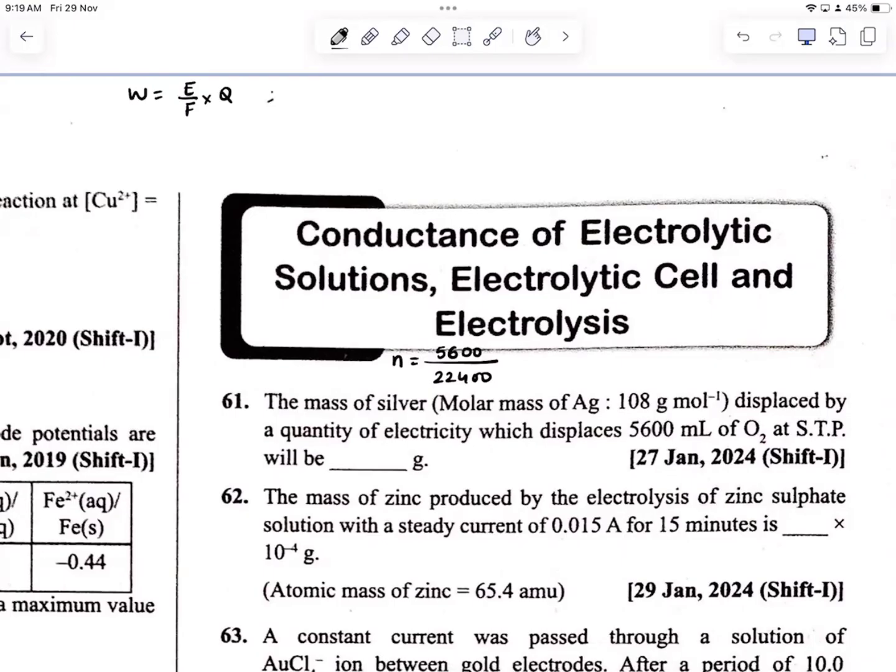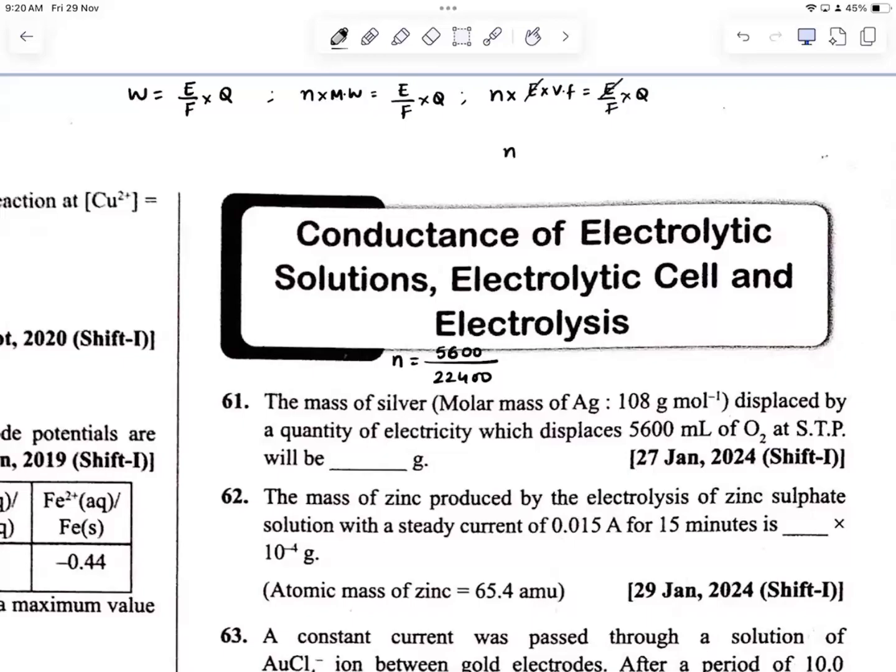Well, you know that W can also be written as number of moles into molecular mass, which is equal to E by F into Q. And molecular weight can also be written as E into valency factor, that is equal to E by F into Q. Correct? So therefore, E will get cancelled.